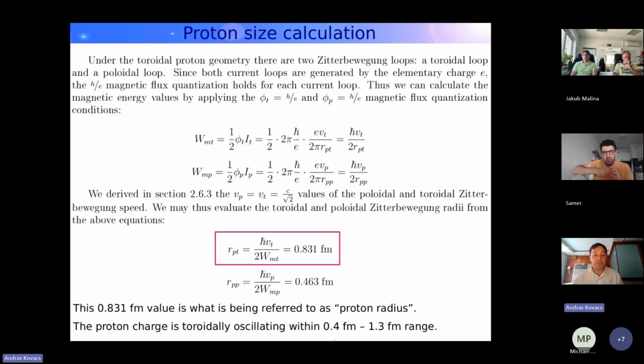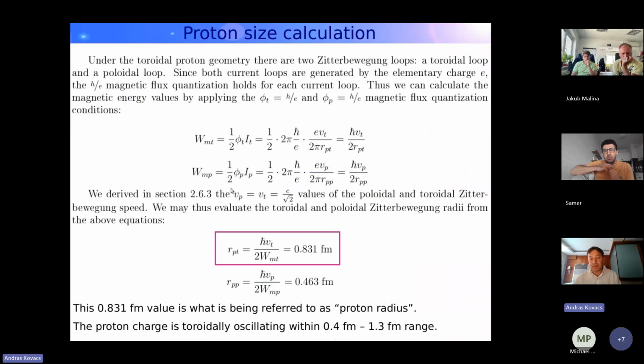All right, so now let us apply the same magnetic mass calculation that we used for the electron. So we apply this flux-based magnetic mass calculation. The magnetic energy is 1/2 flux times the current. As we discussed before, the flux is always just h/e. And when calculating the current, we have the elementary charge, the Zitterbewegung speed, divided by the circumference.